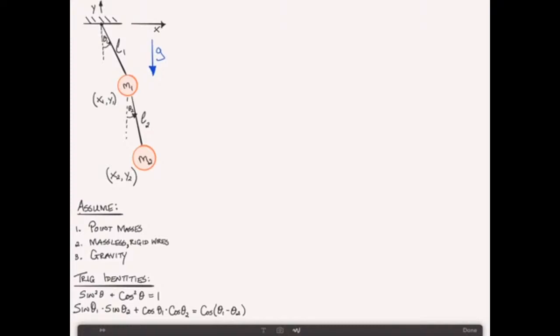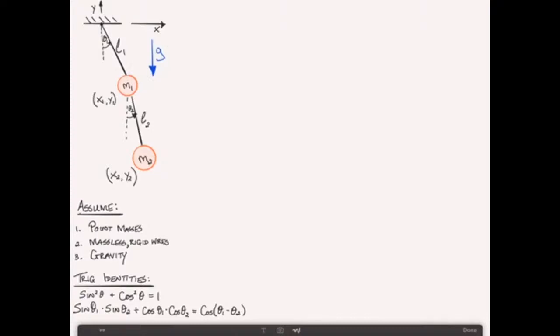The angle of mass 1 is given by the angle theta 1, and the angle of mass 2 is given by the angle theta 2, as shown in the diagram. And gravity is present in the problem. We make the following assumptions.